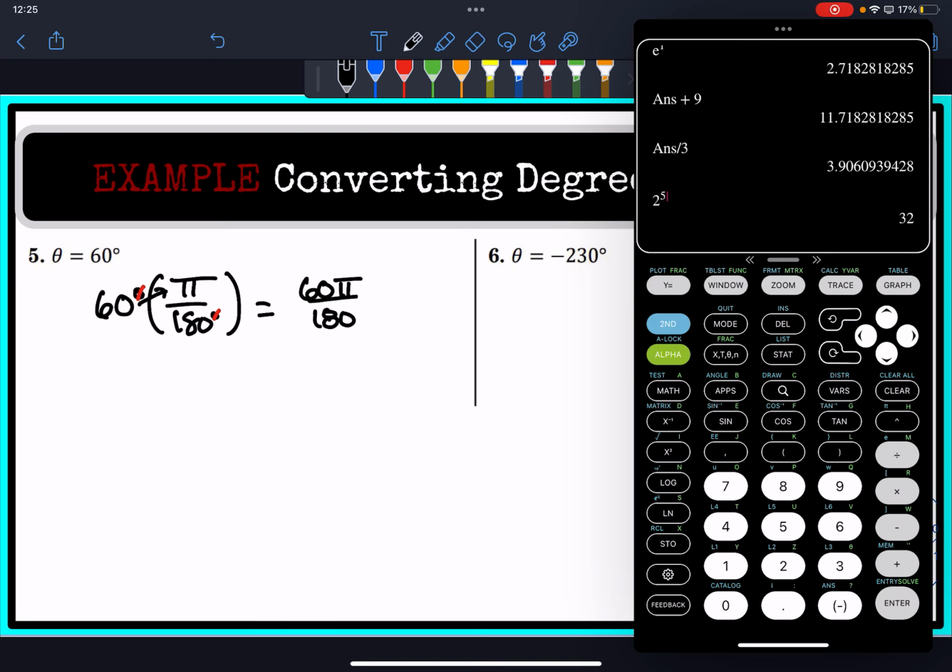And let's reduce that. Well, 60 divided by 180 is 0.3333, which is a common factor of 60, so that reduces to 1 pi over 3. So your answer is 1 pi over 3.